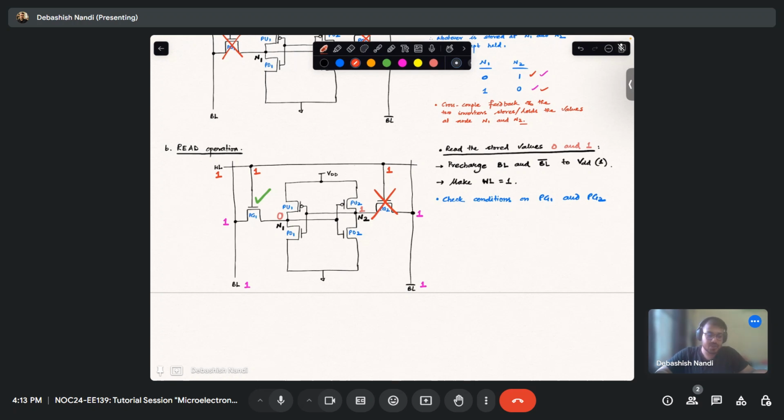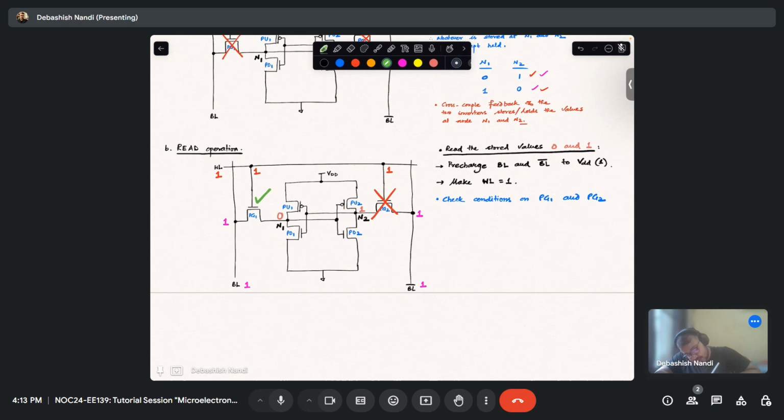Okay. So if you have your gate to source voltage 0, that means your transistor is off. In pass transistor, if both ends, drain and source, are at the same potential 1 1 and gate also at 1, so the transistor will be off. So PG2 will be off. Okay. So now what is happening? And what about this network?